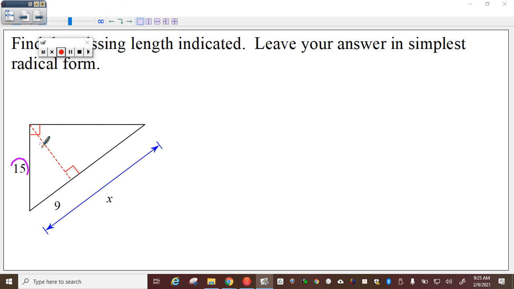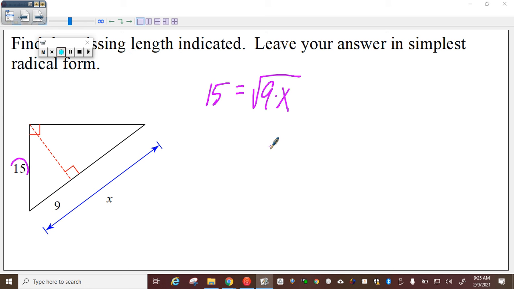Let's do it again. 15 is equal to the geometric mean of its part in that small triangle that it belongs to, and the big triangle that it belongs to, which is x. So I'm going to say 15 is equal to the geometric mean of its part in that small triangle, 9, and its part in the larger triangle that it belongs to, which is now x.